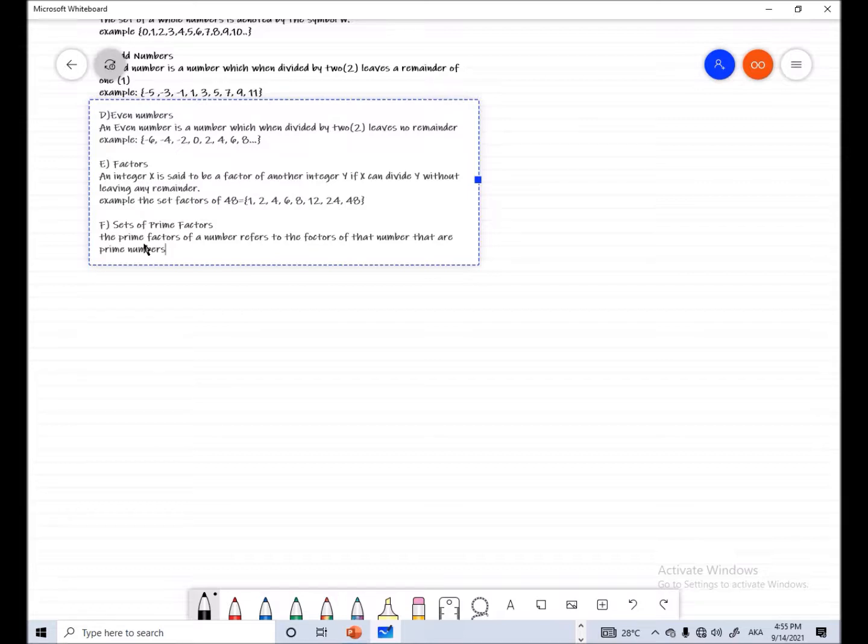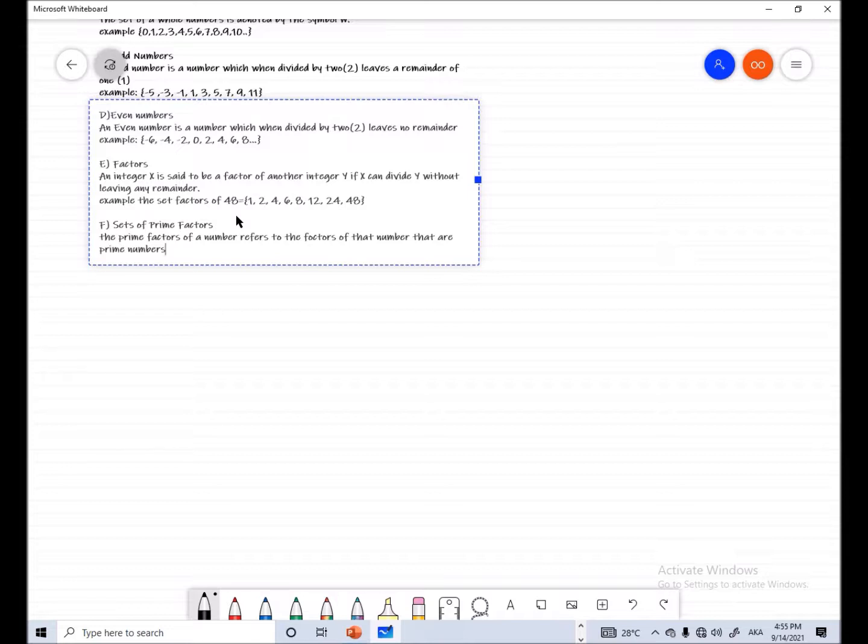So when we talk of factors, we say that factors are the set of integers that, when divided into the number, leave no remainder.